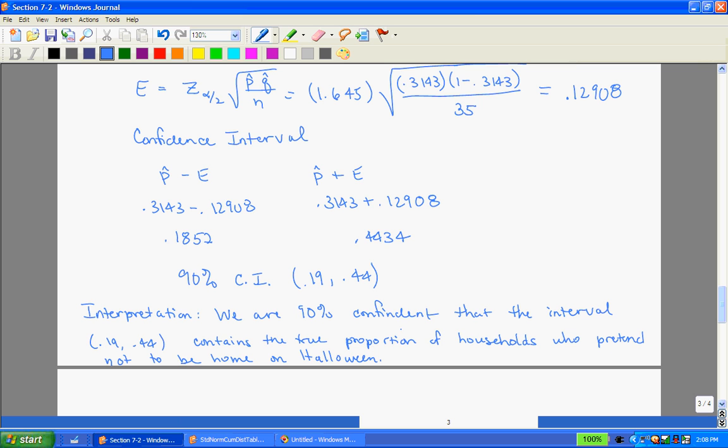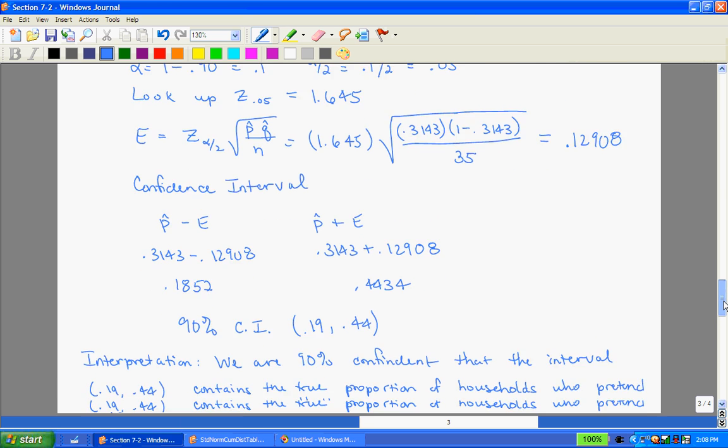And remember, it's not okay to say we're 90% confident that the true proportion falls in this interval. We want to say that this interval contains the proportion. Okay.